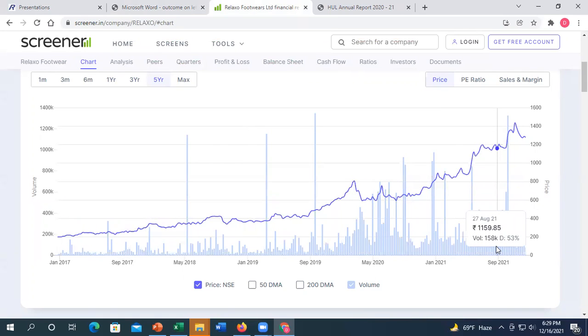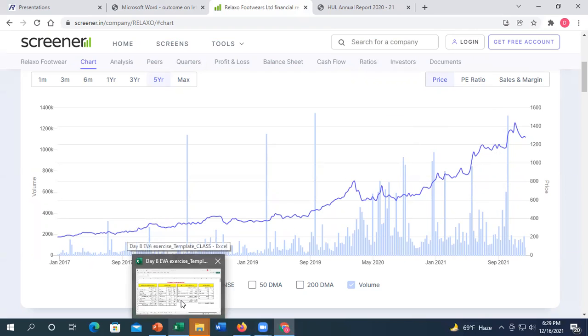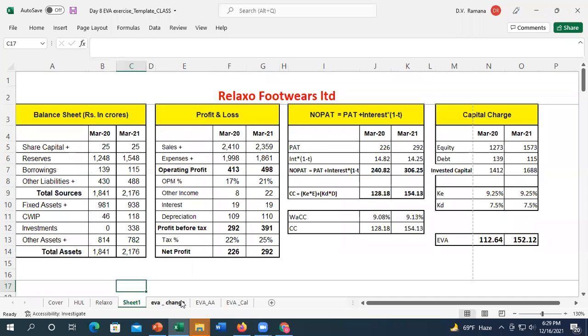On one hand, the accounting profits and financial statements are showing the positive aspects of the company, and the price has been continuously rising. So in that situation, a question can be raised: what is the economic value added? Is the company generating wealth for the shareholder?